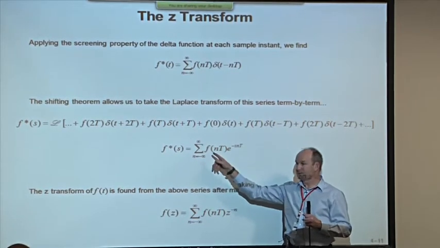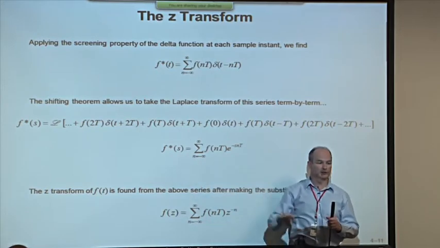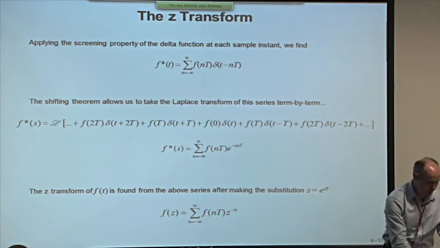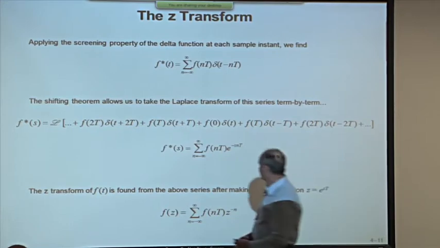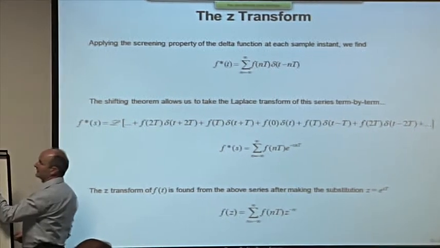And the only difference between this, because this is the Laplace transform of the sampled system, and the z transform, is a substitution which is fundamental to everything that follows. That substitution is z, a new complex variable, z, is equal to e to the sT.